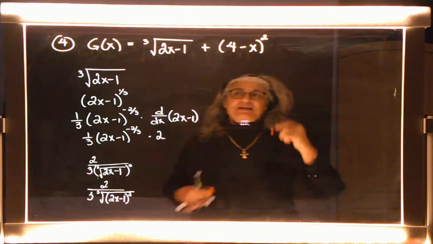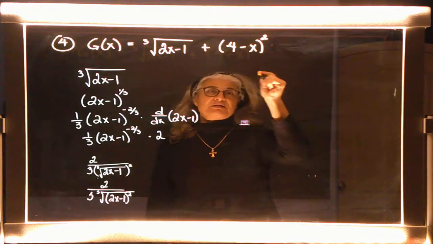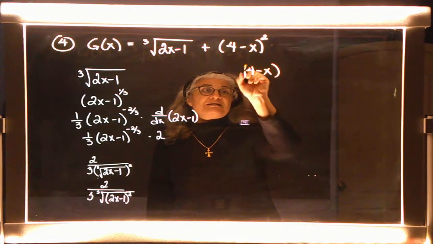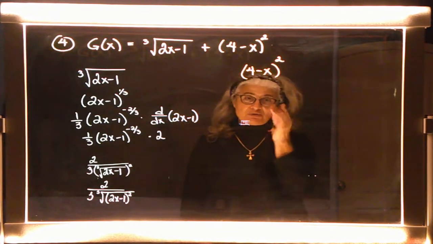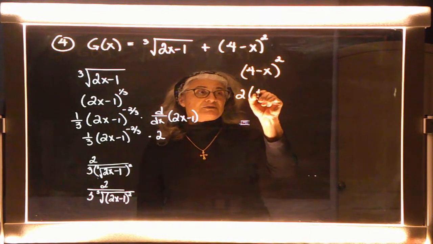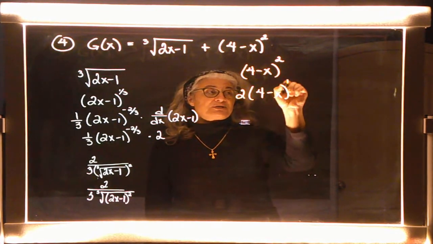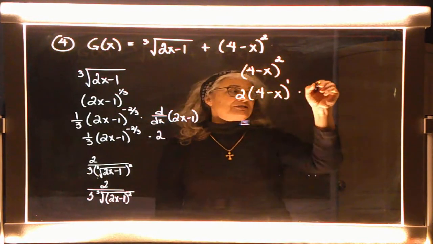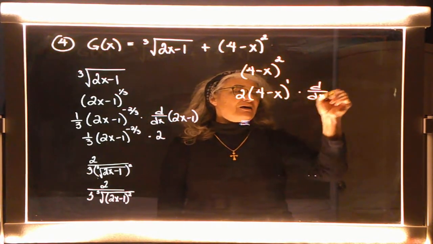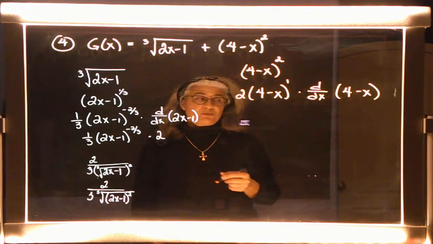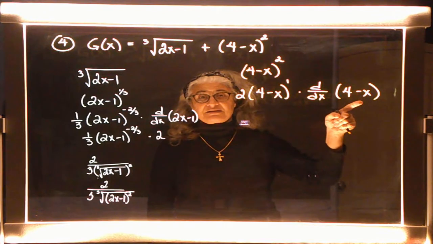This one isn't so bad though, right? I don't have a root to deal with. So I am looking at taking the derivative of 4 minus x to the power of 2. So what do I do first? Good, we bring the power down. We reduce it by 1, which will take it to the power of 1. And then, yeah, you have to take the derivative of the base of 4 minus x. Okay, so what's the derivative of 4 minus x?